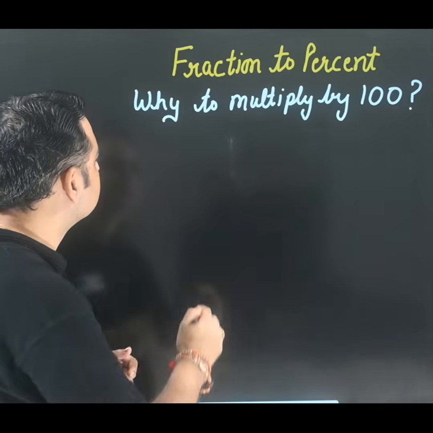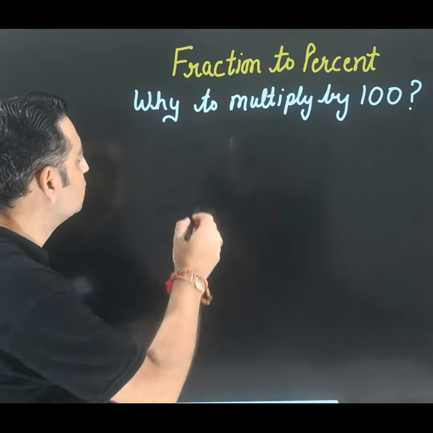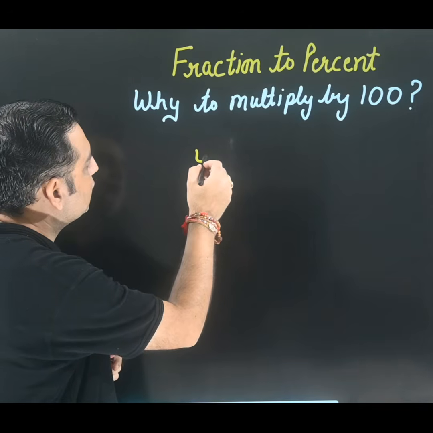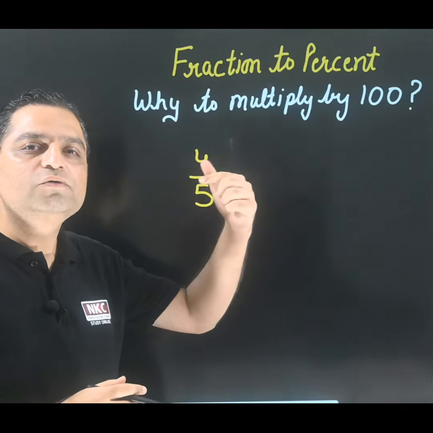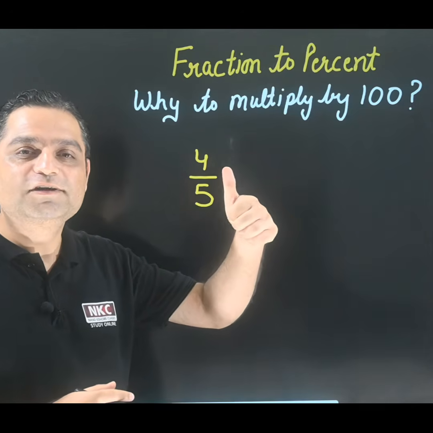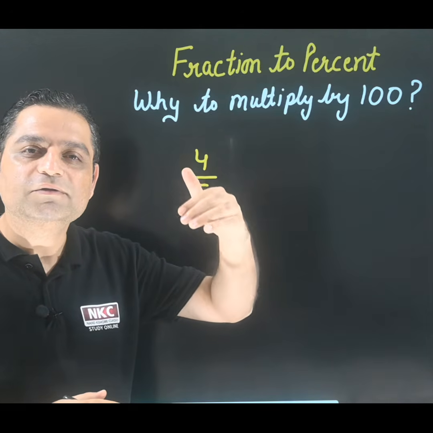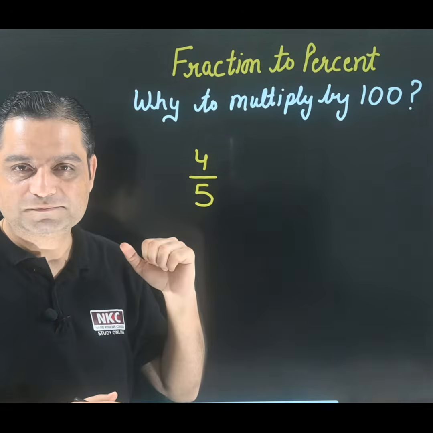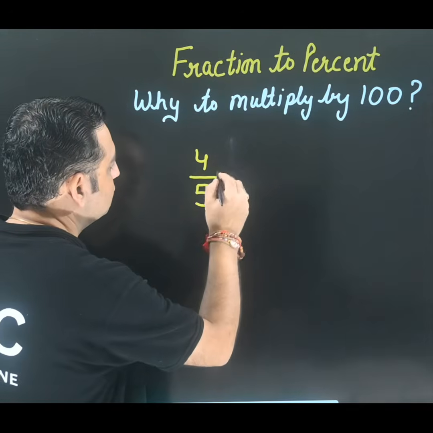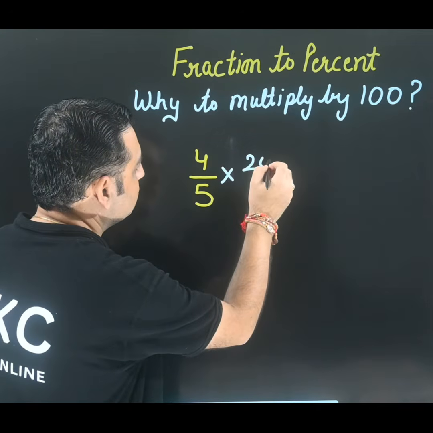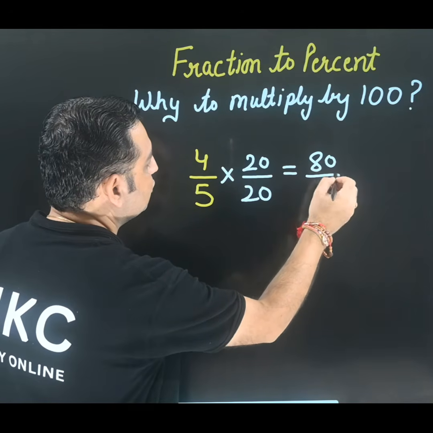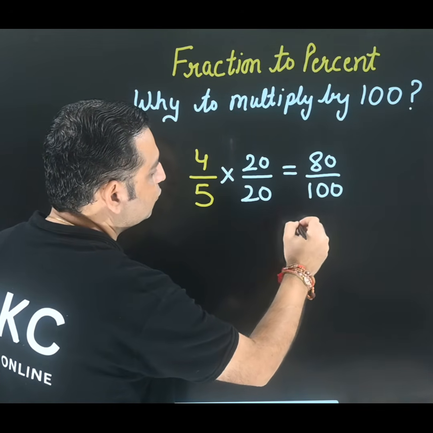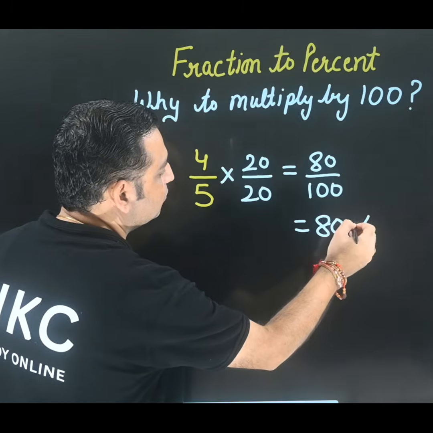Now see, let's suppose a child has scored 4 marks out of 5, okay, and you want to convert it into percent. Now percent means out of 100, right? That means the denominator should be 100. What I can do, you can multiply it by 20 over 20, because it will give me 80 over 100, and 80 over 100 means 80%.